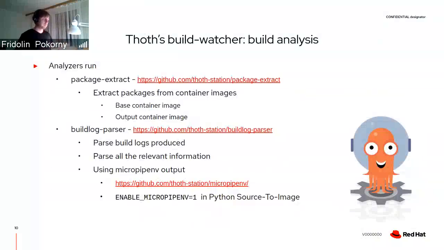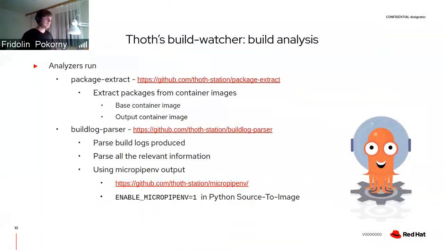So these are unified logs and optimized for users, so they can easily spot issues. But logs produced by MicroPipenv can also be used in build log parser. In that case, build log parser can detect entries in the output and create a JSON report out of it.